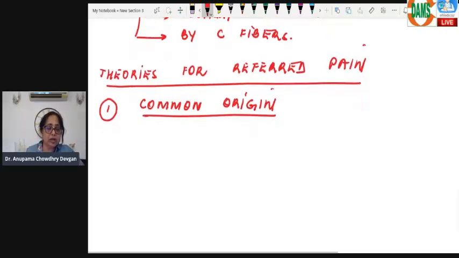A common origin. For example, you know that cardiac pain is referred to the neck, isn't it? Right up to the jaw. This could be because of the heart and the neck.